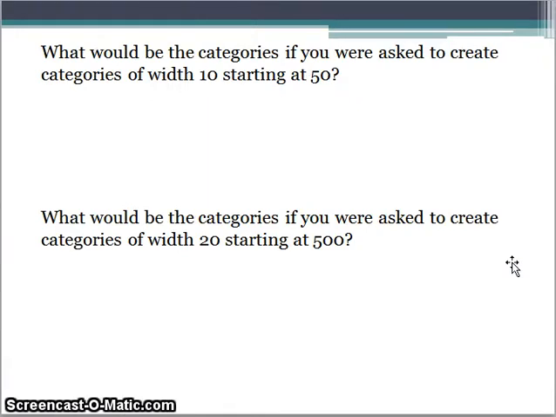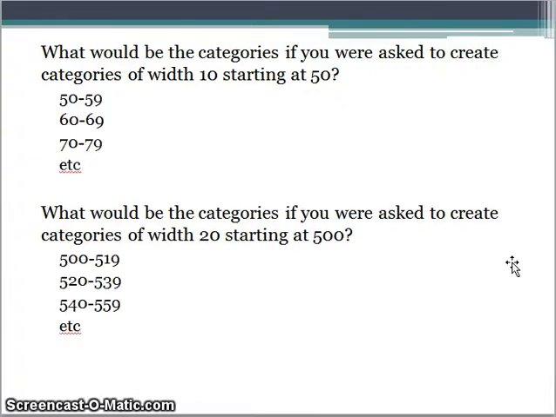So a little bit more practice on creating categories, because this gives people some trouble sometimes. If you're asked to create categories of width 10 that start at 50, you would want to have your first category starting at 50. Your second one would start at 60. Your third one would start at 70. And then you would go up till the next closest value.